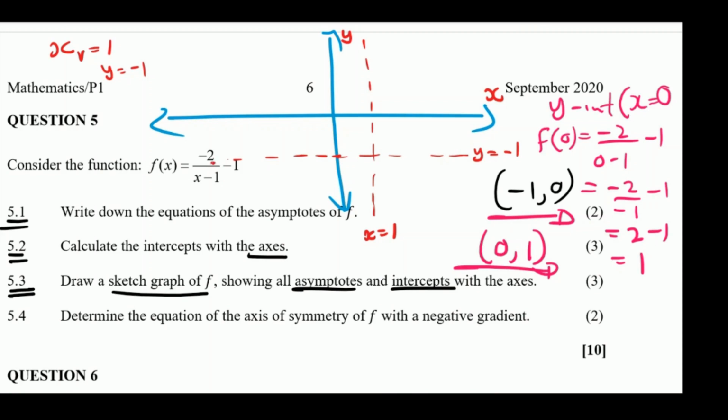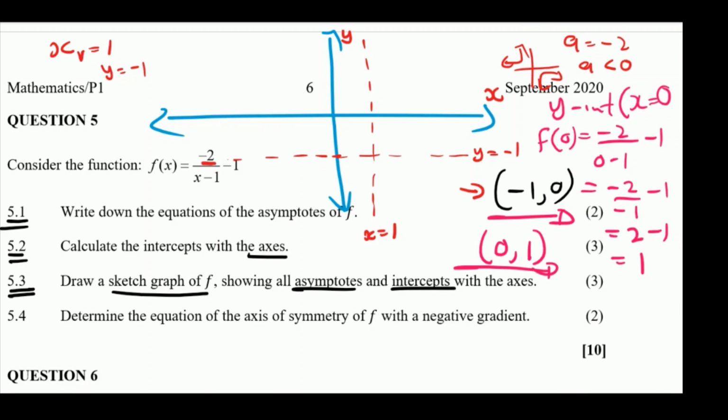And we're going to identify which quadrants this hyperbola lies in. If you take a look, this is minus 2, so a equals minus 2, meaning a is less than 0. When a is less than 0, our graph lies in the second and fourth quadrants. But before we do that, we need to indicate our intercepts.